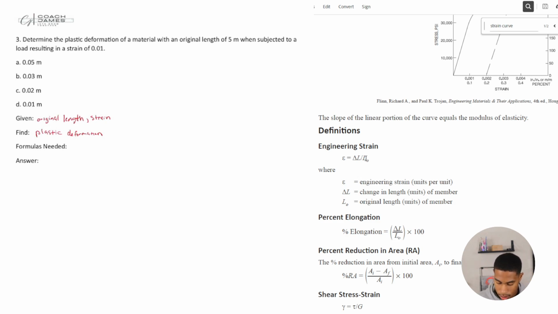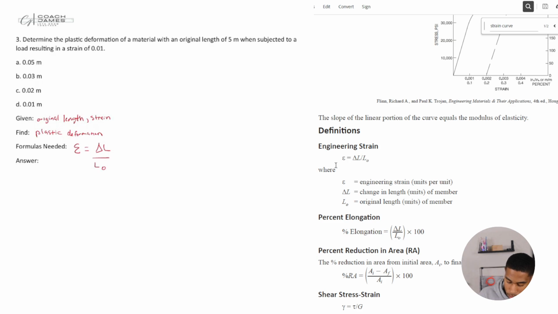We're given the original length. Original length is 5 meters. And so the change in length, or the deformation of the material, is what we're trying to get. So we can use that formula and say E is equal to the change in length over the original length.